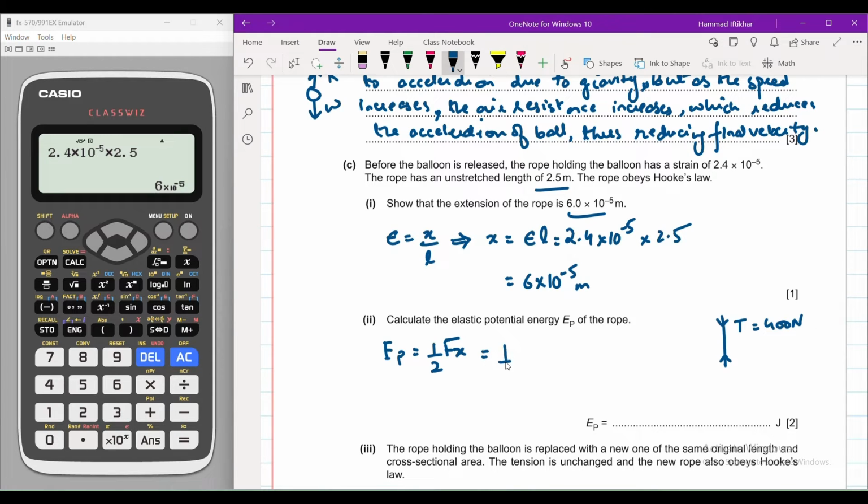So that will be half times 400 times the extension, 6 times 10 to the power minus 5. Half times 400 is 200, times 6 times 10 to the power minus 5. So that is 0.012 joules.